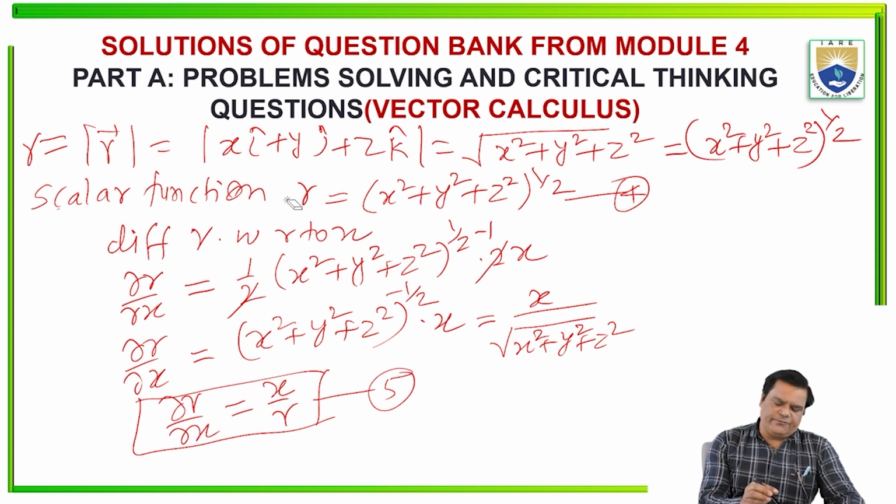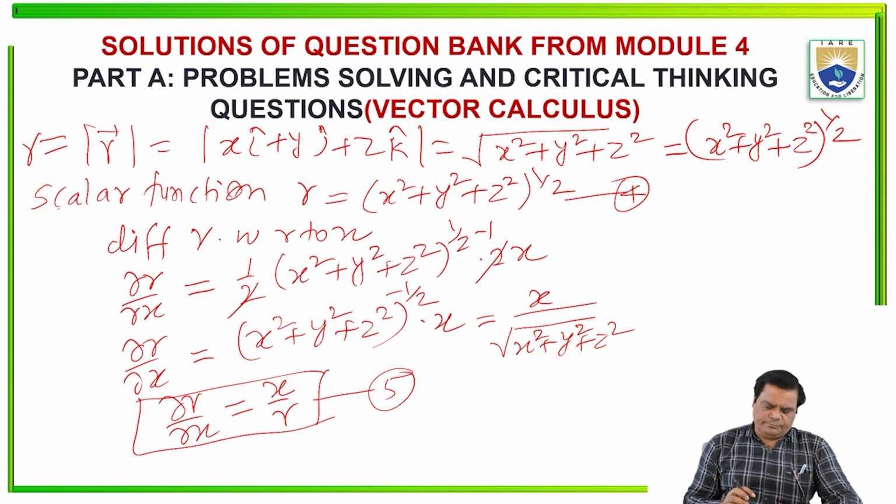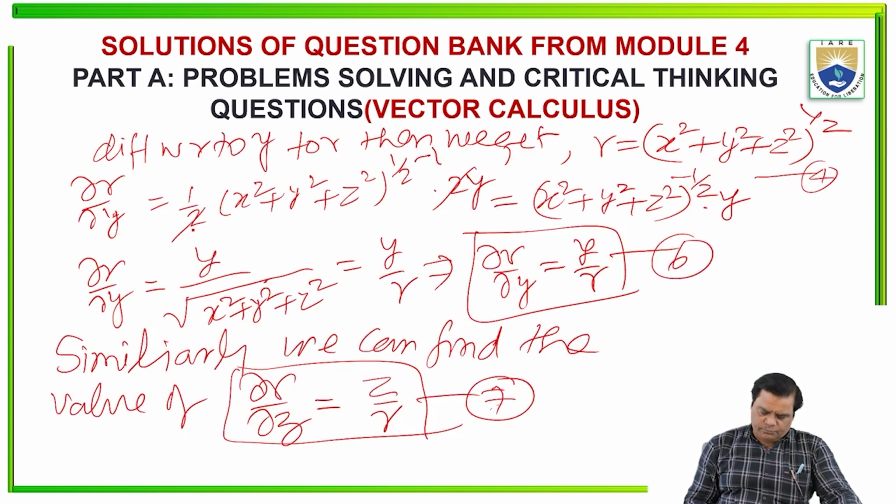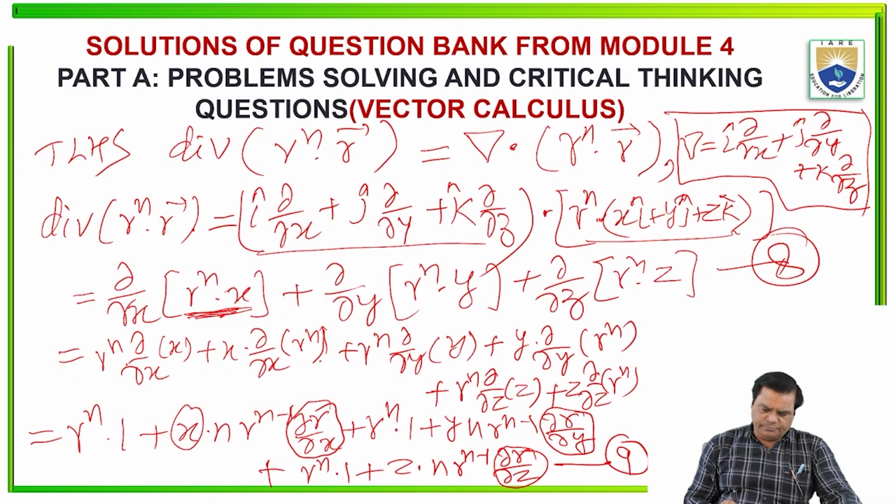The differential of rⁿ is correct, rⁿ. This is also correct: rⁿ⁻¹ and ∂r/∂x. What is ∂r/∂x?